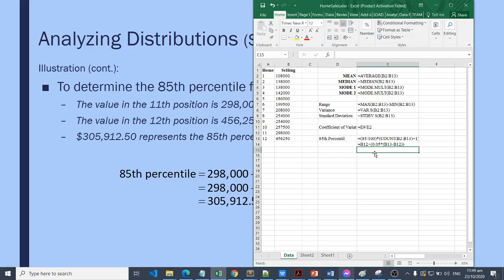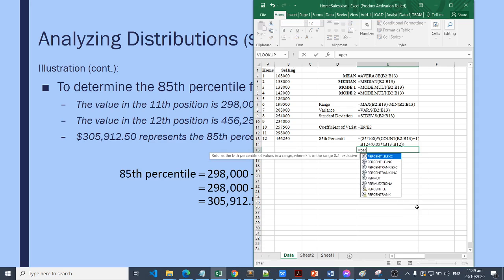And for using the Excel formula, we have here the function PERCENTILE.EXC, which returns the kth percentile of values in a range, where k is in the range exclusive.